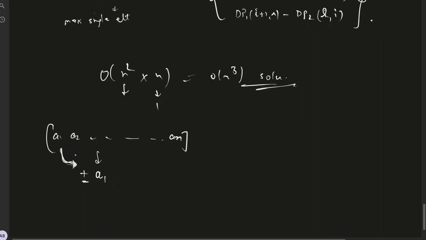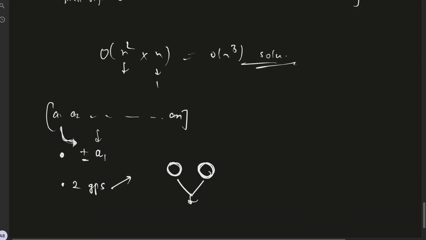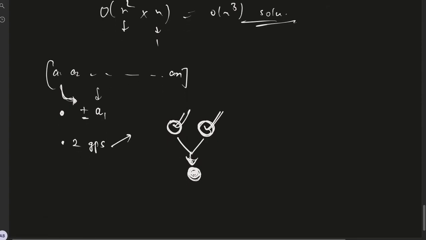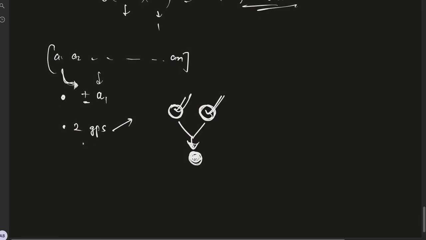Another observation is that we form two groups such that finally we'll have two elements, and we merge both these elements into a single element. Each of the two groups has size greater than 0.